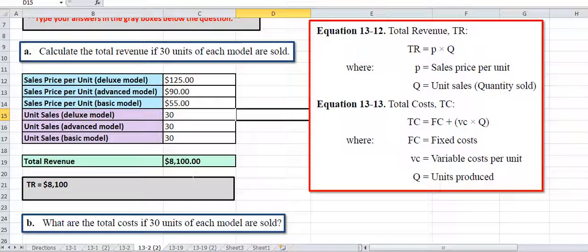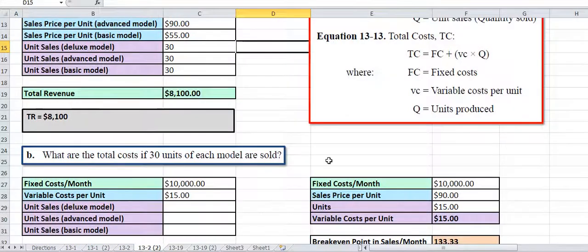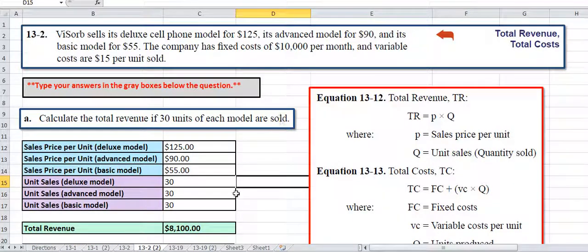So we just come down and we put in. Now I've already got this in here, so I just want to remind you guys to put your answer in right here. It's real simple. Just transfer your answer from your formula to these gray boxes right here. So that's not hard. Now we want to look at our total cost, and that's going to be fixed cost is 10,000.